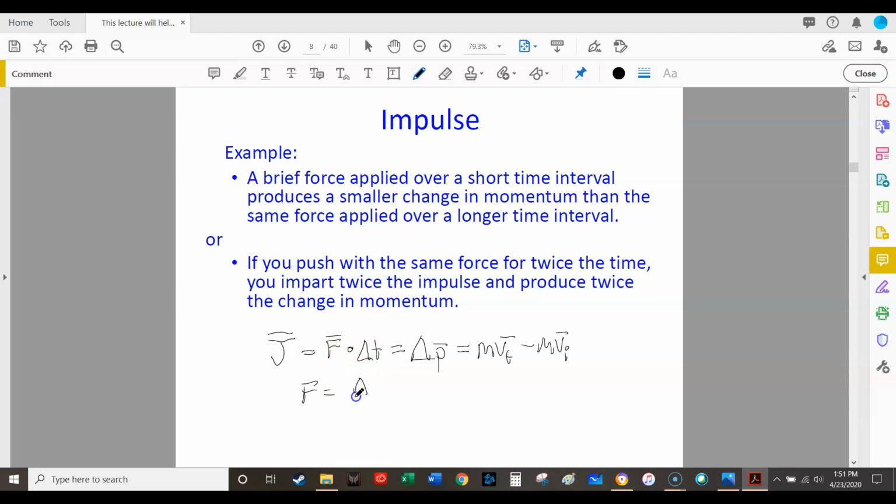So I'm going to take the change in momentum and divide it by change in time, right? There are these two relationships right here. F delta t is equal to change in momentum.